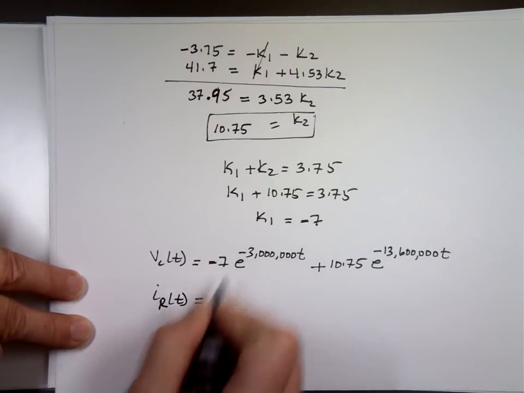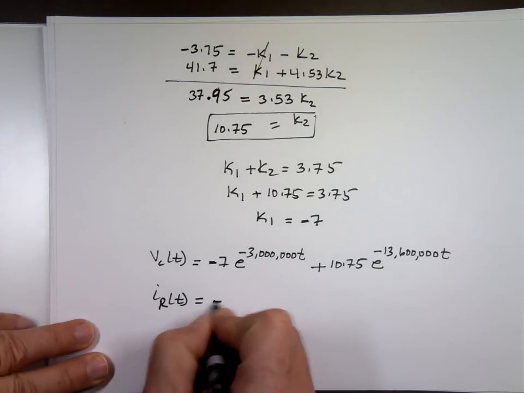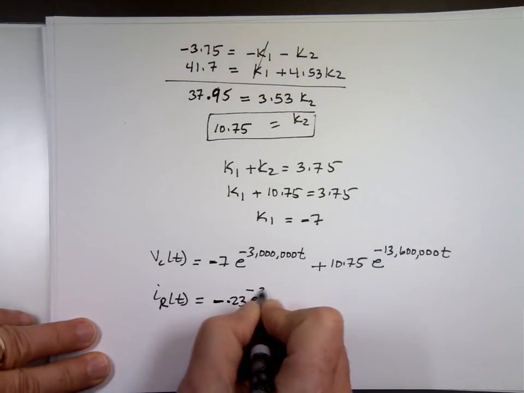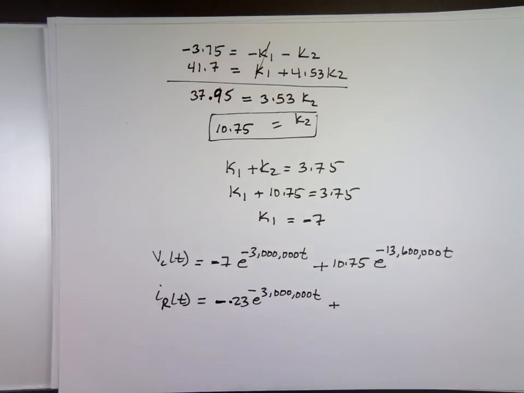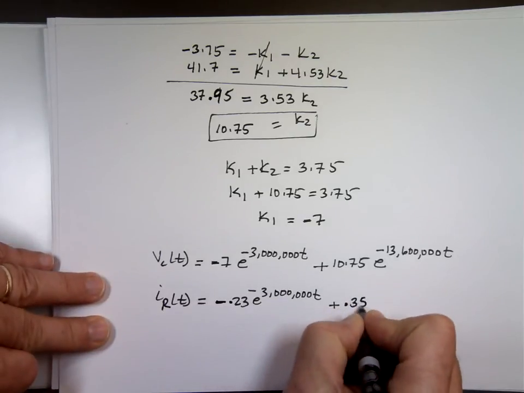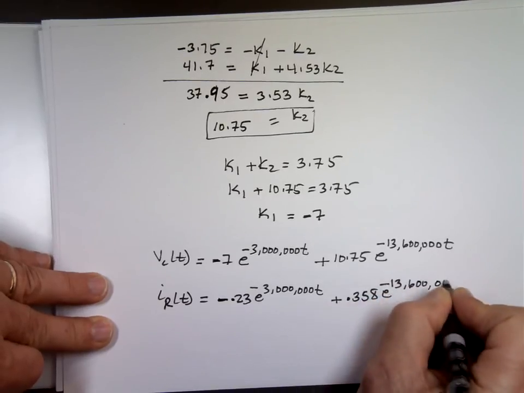Negative 7 divided by 30K, negative 0.23 e to the negative 3 million t, plus 10.75 divided by 30, 0.358, milliamp.